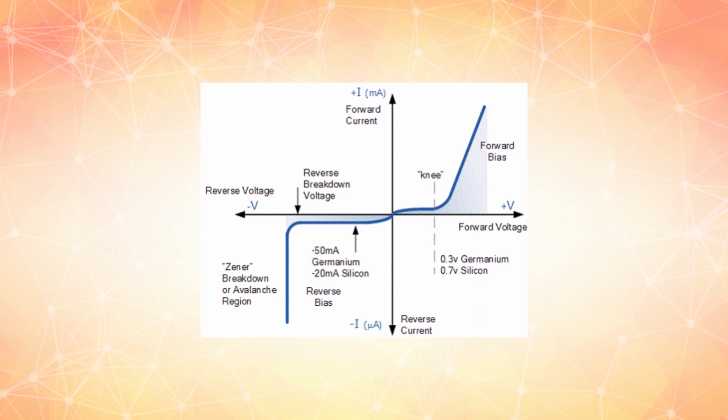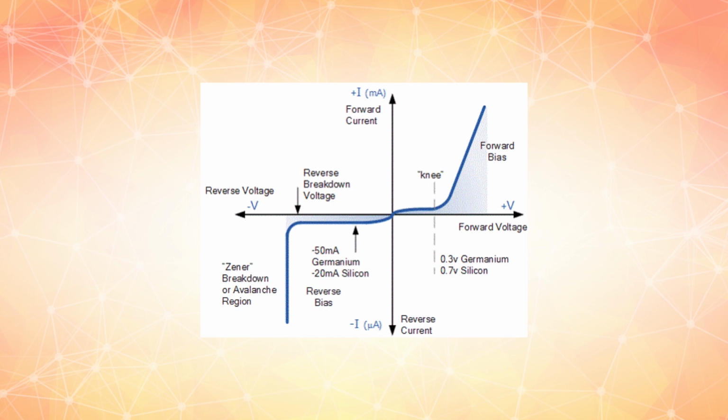The characteristics are drawn on a four quadrant axis, and the characteristics obtained lie in the first quadrant and the third quadrant. In the x axis we have taken the voltage and in the y axis we have taken the current, which are also called forward voltage and forward current.